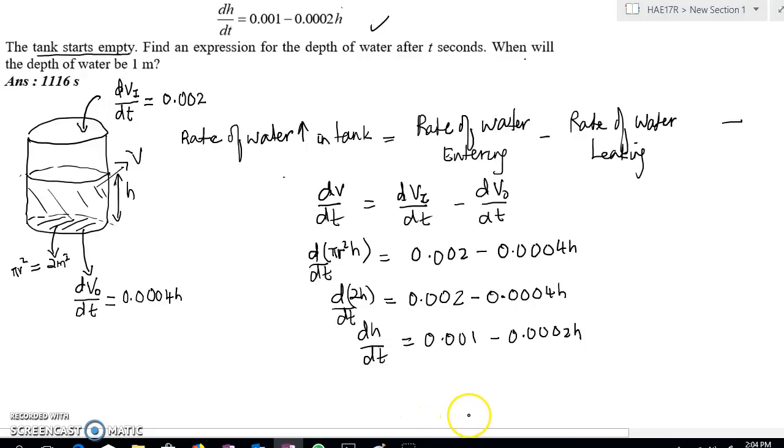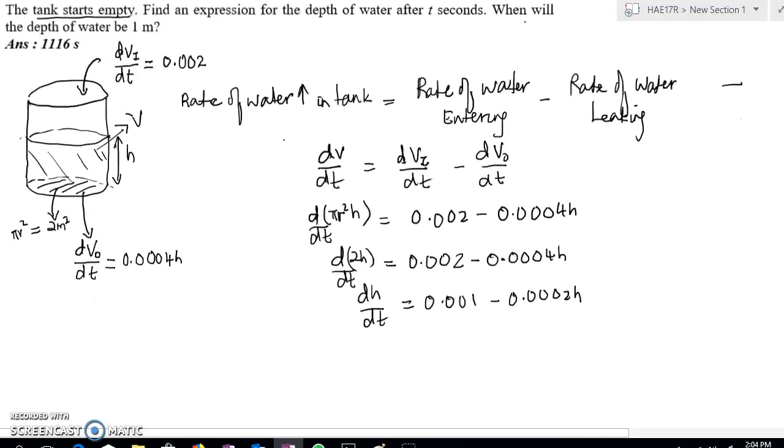So the next step is we want to solve this differential equation. To do that, we need to separate the variables. Before we separate the variables, you will notice that on the right hand side we have decimal places here. This kind of complicates solving. To make it easier, we make it into a nice fraction.